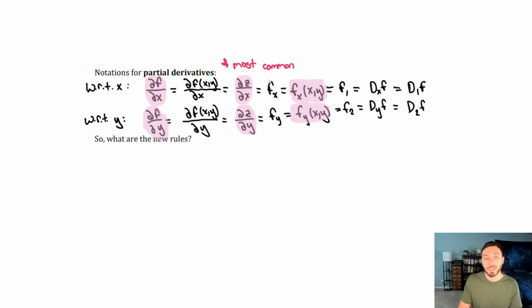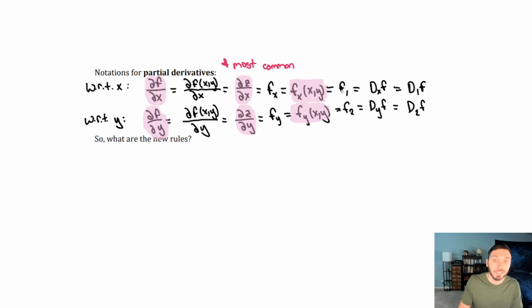You can interchange that. So here the z is just the f of x, y. You can use this pseudo Lagrange notation where instead of the superscript being an apostrophe, we use a subscript of an x. And likewise, you can just be clear on what your input variables are, x and y. Sometimes this is where it starts to get a little, I don't really see this too much. You can use a subscript of 1 to denote that's the first variable within the list of variables inside of the function.